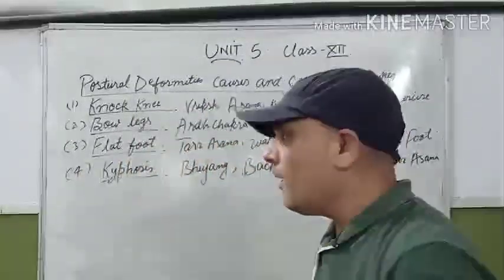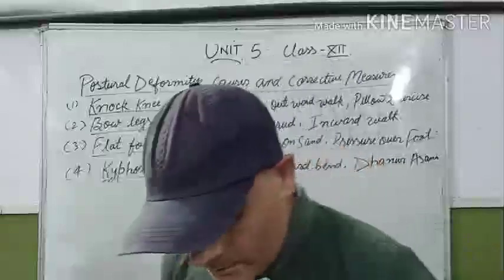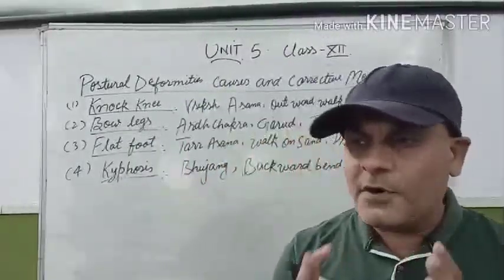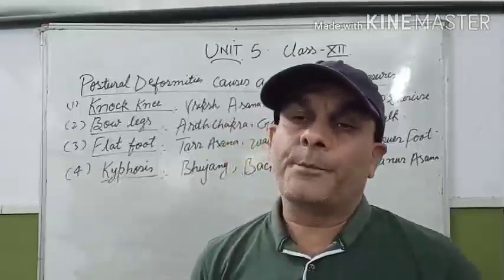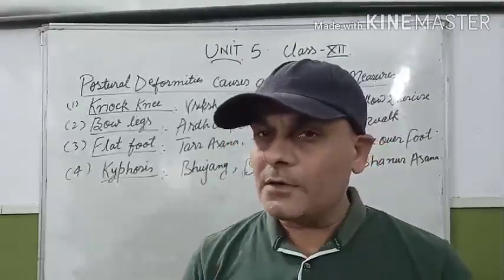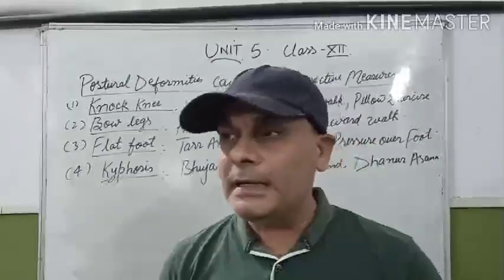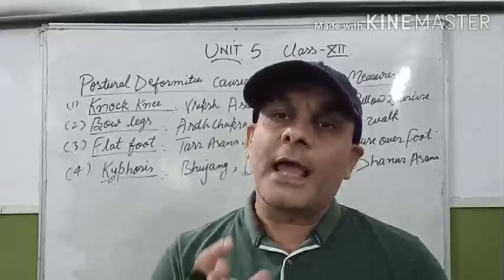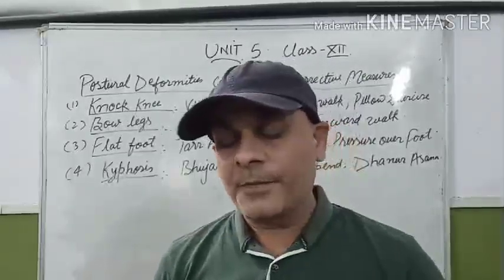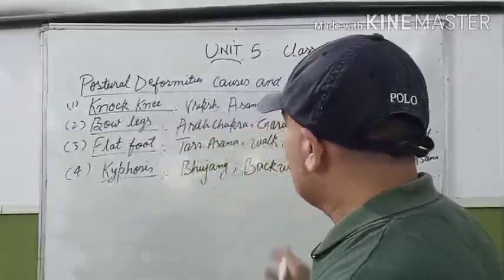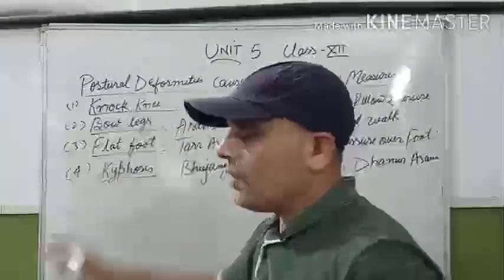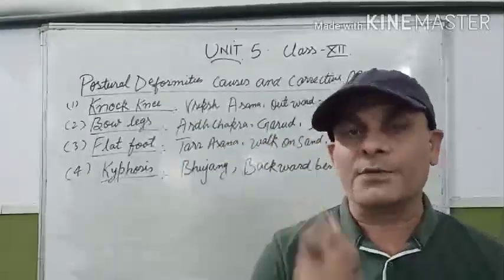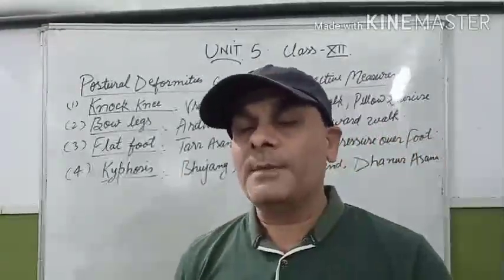I hope you understand. Now let us come to how you correct this deformity, knock knee. You can correct or improve it by certain types of yoga asanas and exercises, right? The first asana which is helpful for knock knee is Vrikshasana, or tree pose.